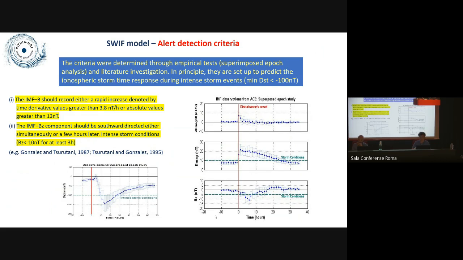Here you can see in this diagram the results of the superposed epoch analysis based on the analysis of more than 40 storms. Based on this analysis, we have validated these criteria that have already been proposed in the literature by Gonzalez and Tsurutani in two past publications.